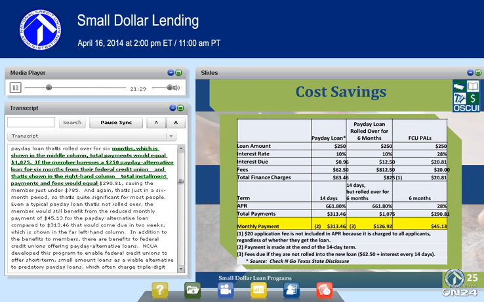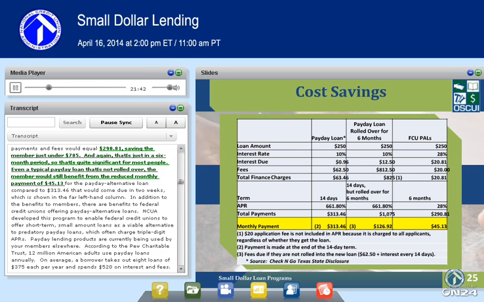If the member borrows a $250 payday alternative loan for 6 months from their federal credit union, and that's shown in the right-hand column, total installment payments and fees would equal $290.81, saving the member just under $785. And again, that's just in a 6-month period, so that's quite significant for most people.